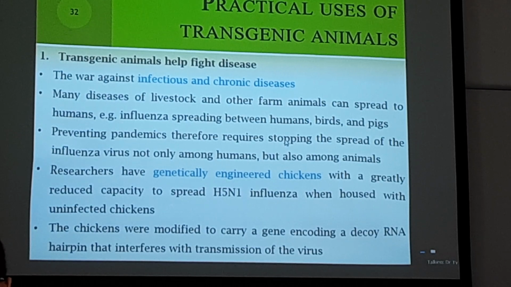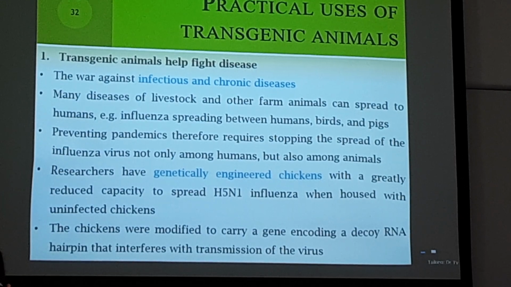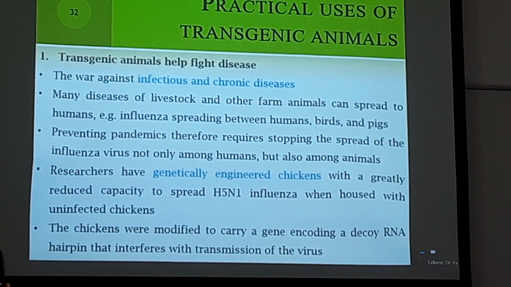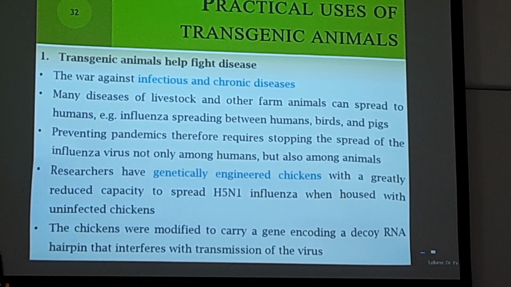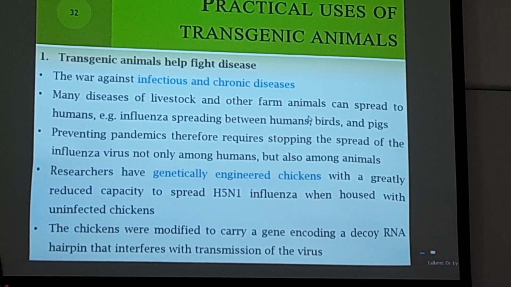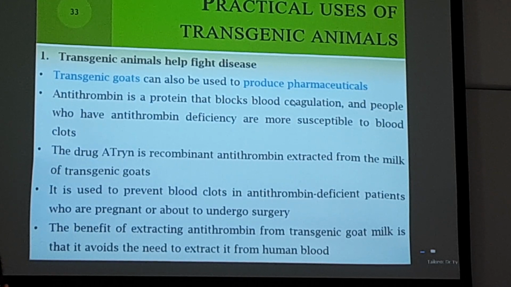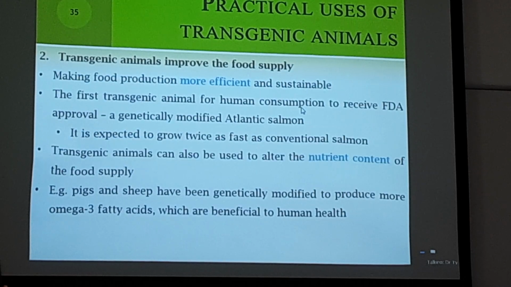Okay, so again, no matter whether we talk about bacteria, plants, or animals, always be able to tell some examples of the practical use, how we are applying these tools and techniques in real-life applications. So for transgenic animals, of course, they can help us to fight disease. Make sure you know some examples of how they can help us to fight disease.